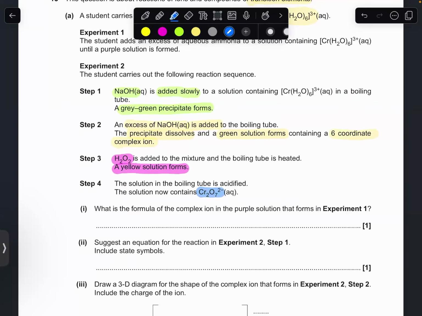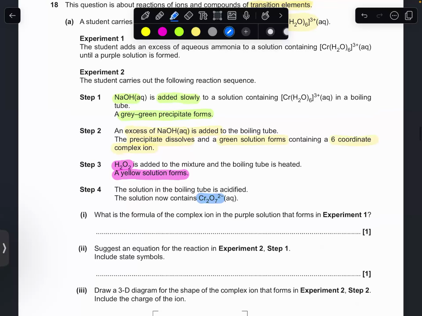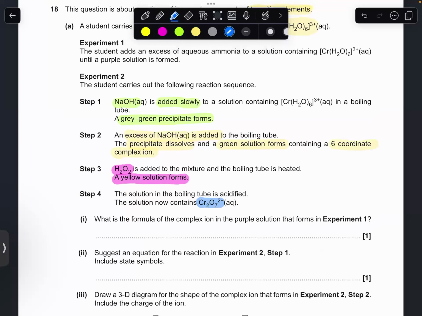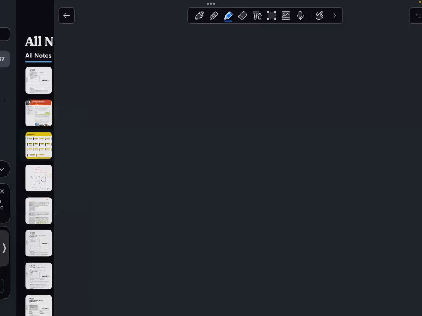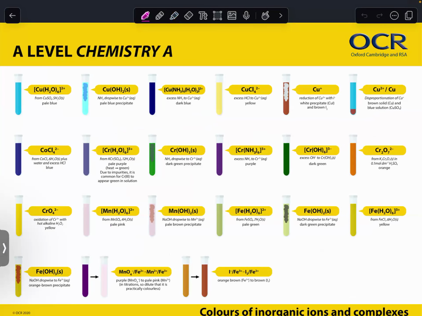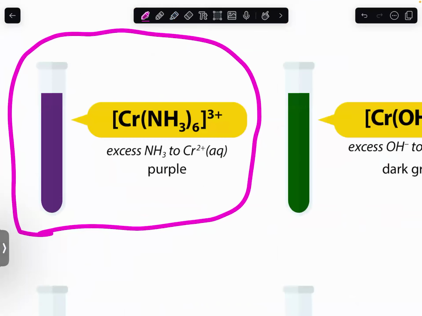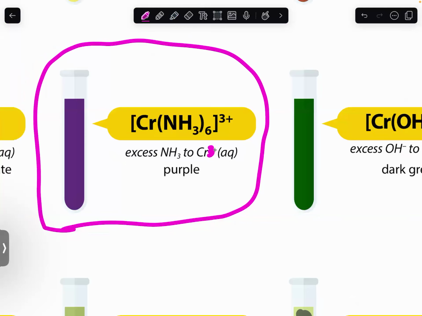What is the formula of the complex ion in the purple solution that forms in experiment 1? You see, when you're adding excess aqueous ammonia, let's have a look at the color chart. Excess ammonia to a chromium 3+, Cr3+. That's a typo there. That should read as a 3+, not 2+.